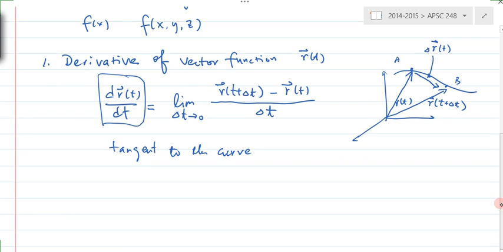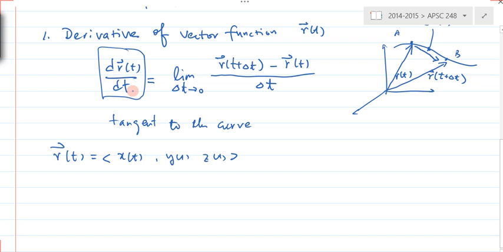In terms of the calculation, it's actually pretty simple. Let's just say, in general, our position vector or vector function r of t is this. If we're going to take the derivative of this vector function, we're basically just doing it separately for each component.